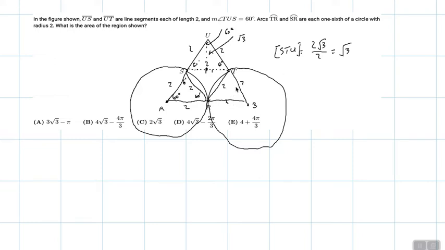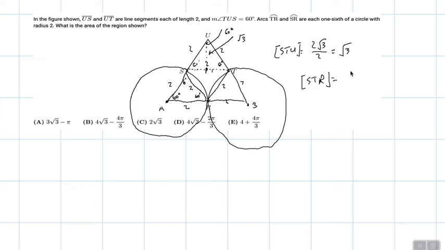Therefore, I want to focus on just this region, the area of STR. Well, it's the exact same as this above region. STR is simply an equilateral triangle with all side lengths 2.